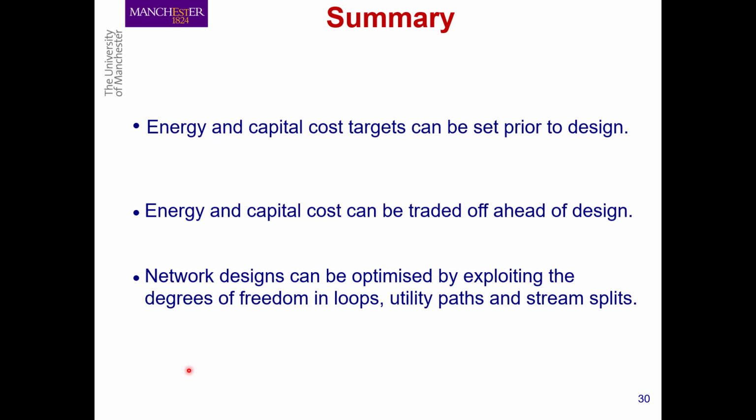And how we can actually optimize this suboptimal HEN system is to look at degrees of freedom in terms of shift of heat duties between different units involved in the system, the loops or utility pathways, and splitting streams. And by doing all these, we are actually trying to reduce the area of the heat exchanger network for our overall design.